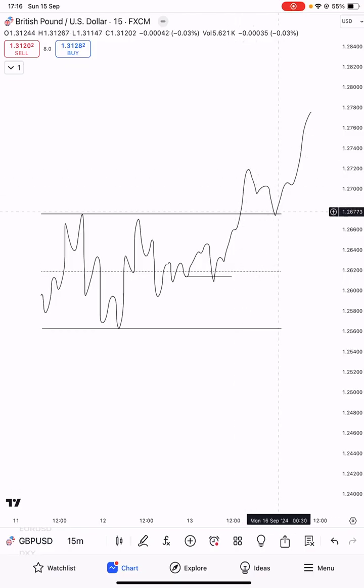Second entry or pyramid, you can pyramid at the retest of the range high. You can find an example, I traded one on Ethereum of this.